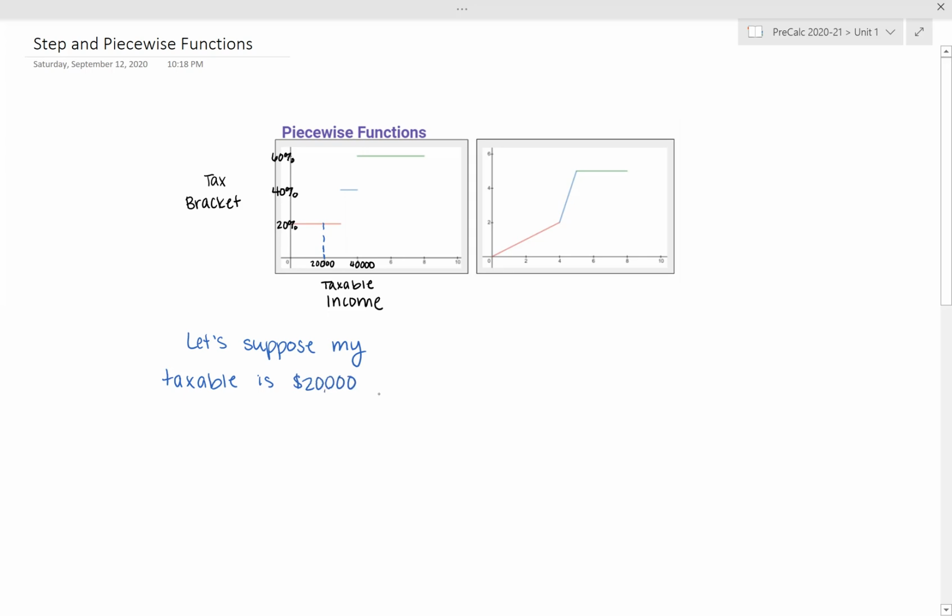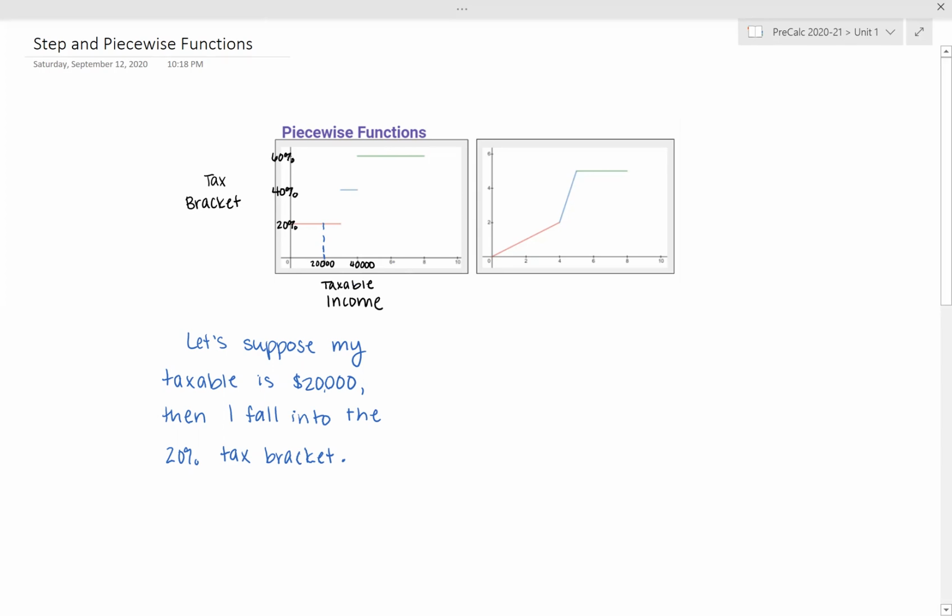Then I fall into the 20% tax bracket. And I could do this for any income. Maybe I'm looking at an income of 30,000 or 25,000 or 40,000. 40,000 looks like it's falling into about the 40% tax bracket. If that were 60,000, 60,000 is falling in the 60% tax bracket.